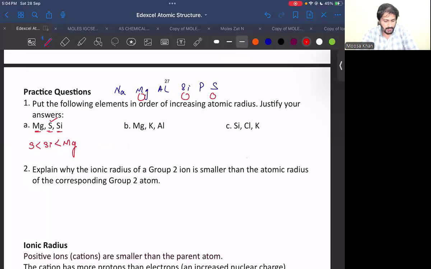Okay, Sarah, what about you? Sarah, would you like to answer question B? Just tell me the trend of increasing atomic size between these three atoms: magnesium, potassium, and aluminum. If you want, I can show you the periodic table.